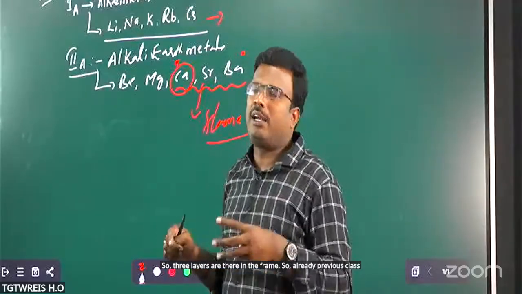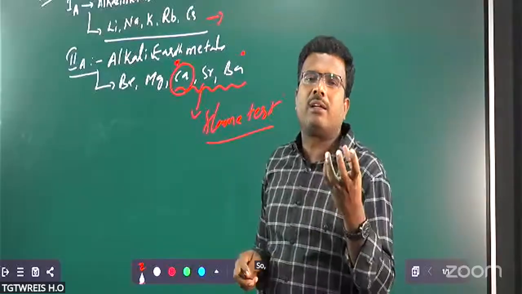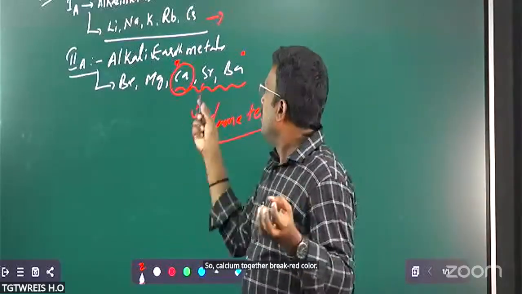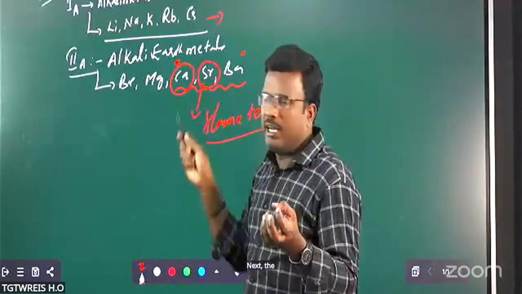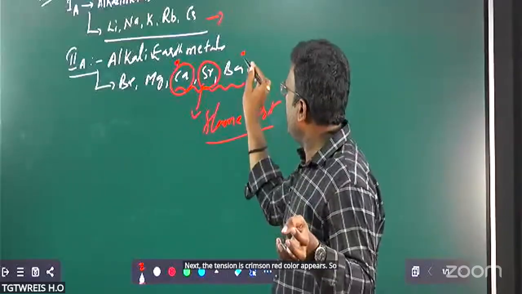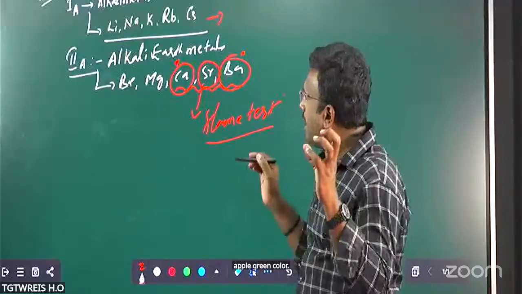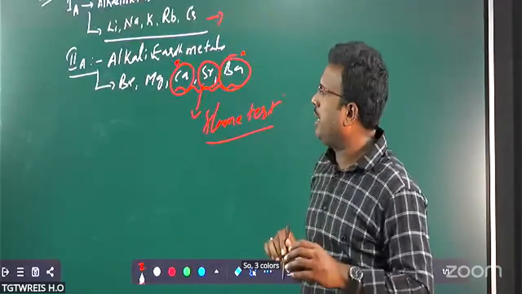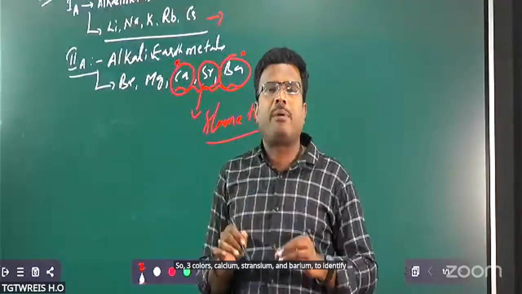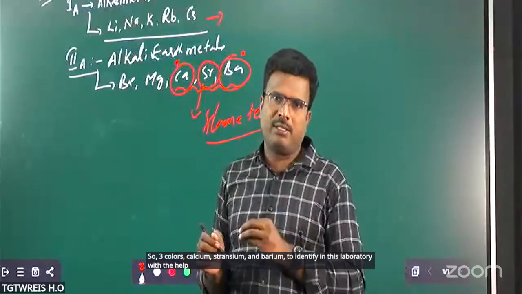Calcium gives a brick red color, strontium a crimson red color, and barium an apple green color. So calcium, strontium, and barium are identified in the laboratory with the help of the flame test.